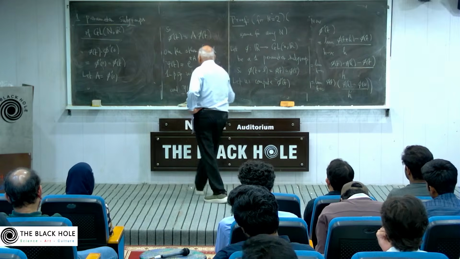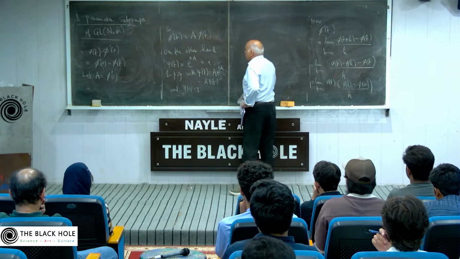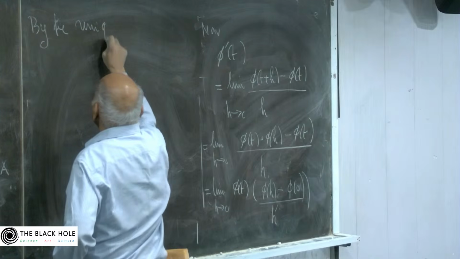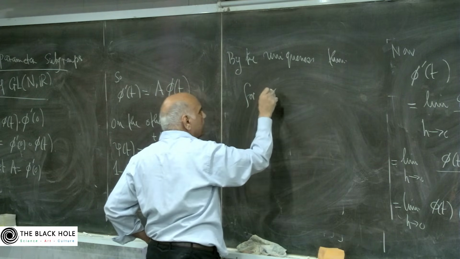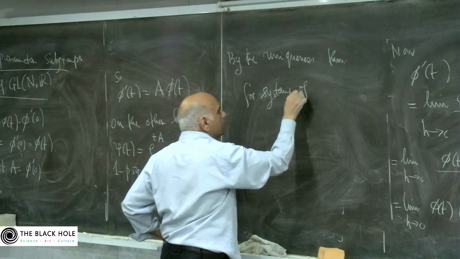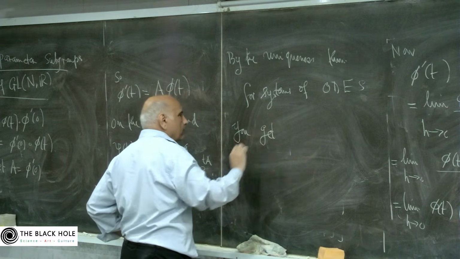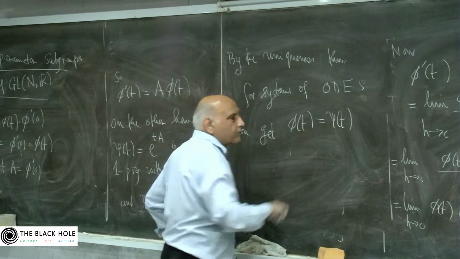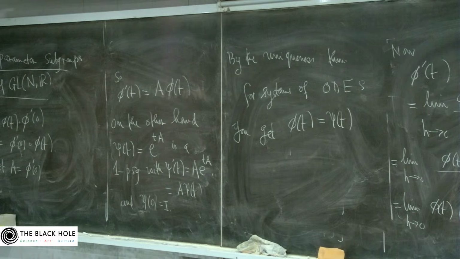So by the uniqueness theorem for existence of solutions for systems of ODEs, you get phi t equal to f t, because these are two functions whose value at one point is the same and the derivatives are the same.